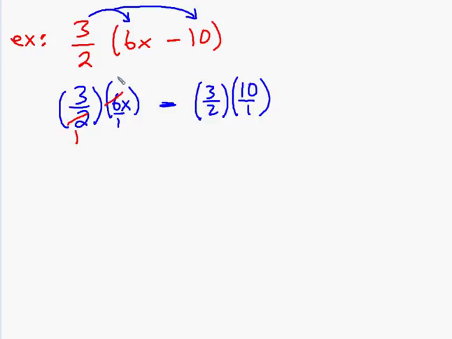The 2 becomes 1 and the 6 becomes a 3. And can I cross cancel here? Yes. 2 and 10. The 2 becomes a 1, and the 10 becomes a 5. Alright? Now I just top times top, bottom times bottom. So I get a 1 in the bottom here, so I don't need it. So 9x minus 3 times 5 is 15.